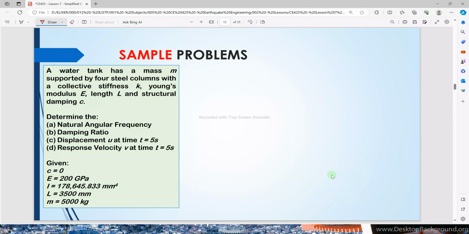Earlier, since this is in undamped condition, I showed you the formula so it is easier to remember. U is equal to alpha cosine omega t plus beta sine omega t.